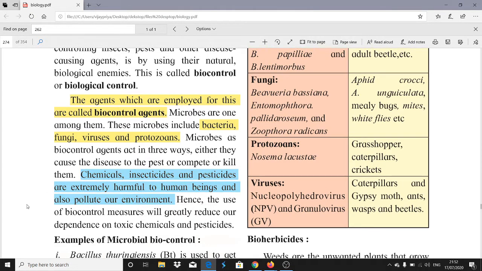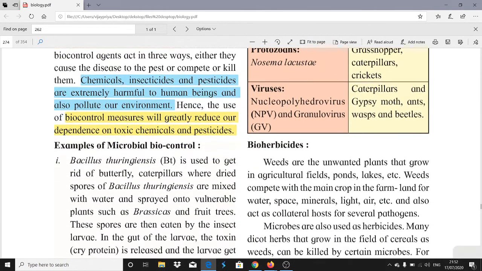So biocontrol agents or biocontrol measures will greatly reduce our dependence on toxic chemicals and pesticides. So to avoid that, we can use biocontrol agents.